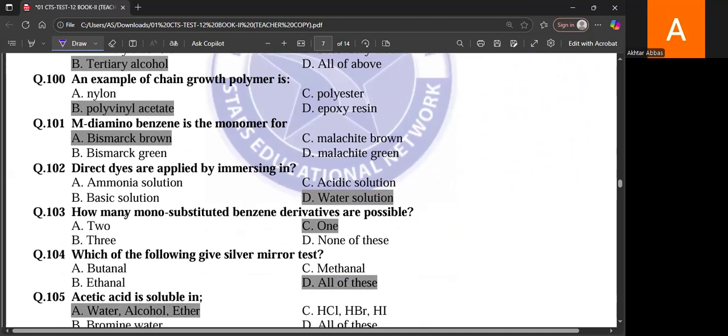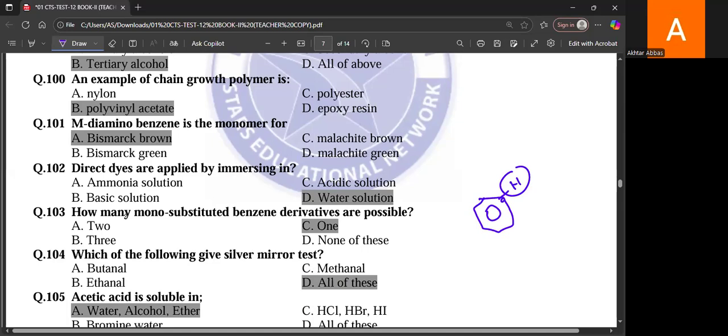How many monosubstituted benzene derivatives are possible? For example, we have a benzene. We can remove hydrogen from a carbon atom. There is a carbon and one hydrogen is placed.